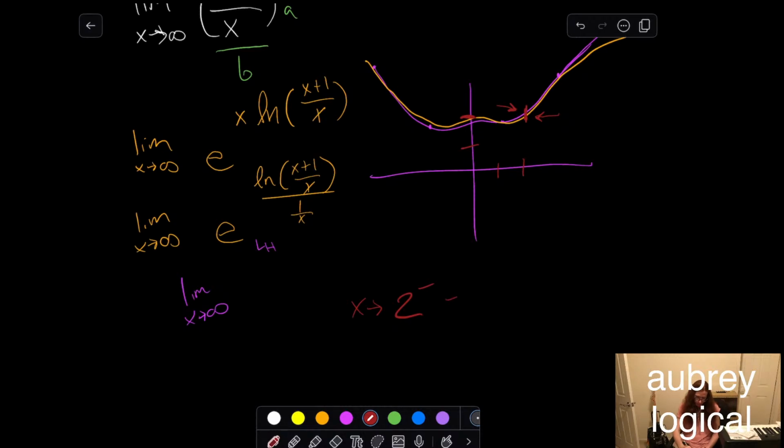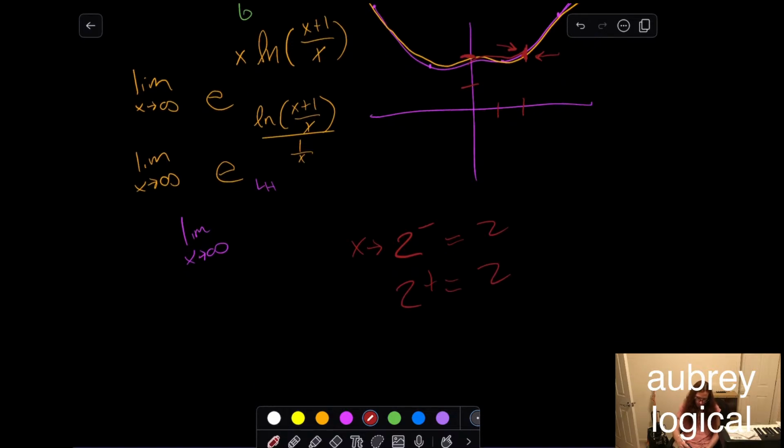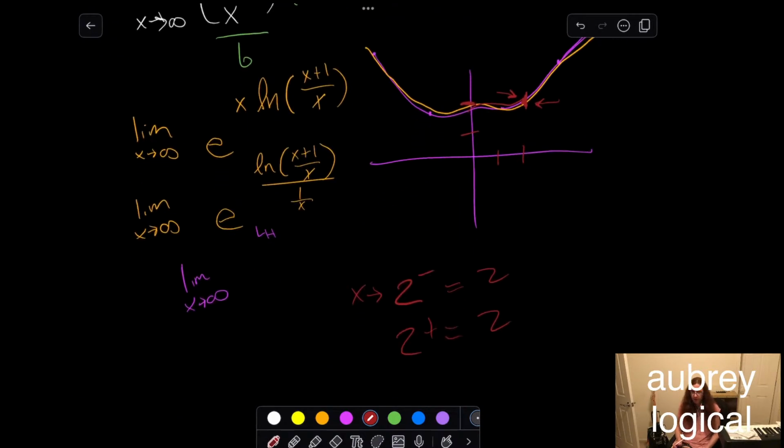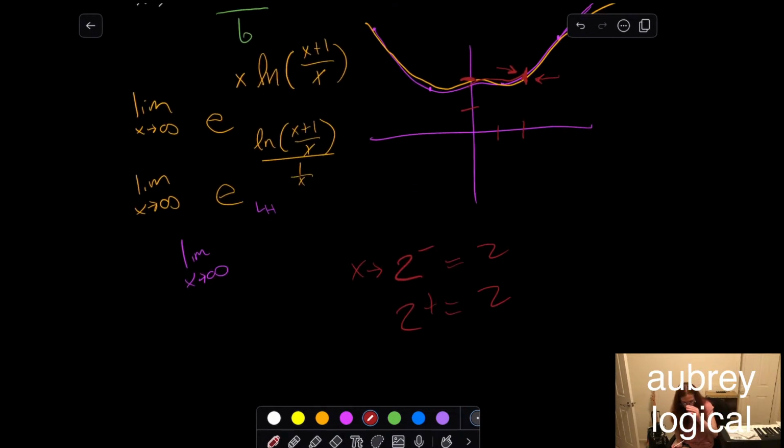The limit for 2 on the left side would be 2, and the limit on the right side would also be 2. Anyways, now I'm starting to confuse myself.